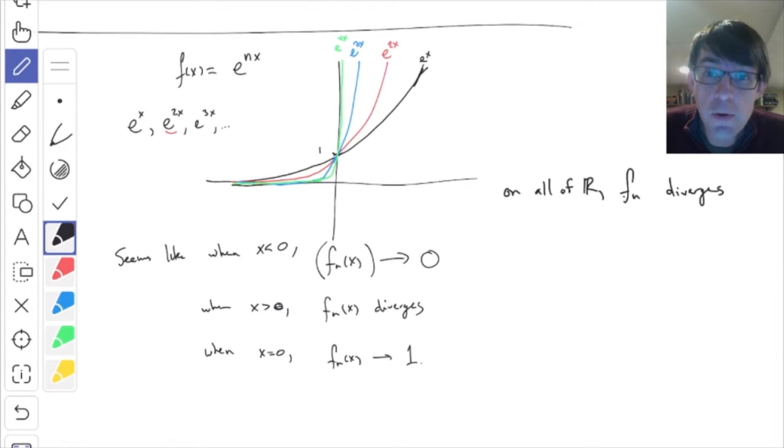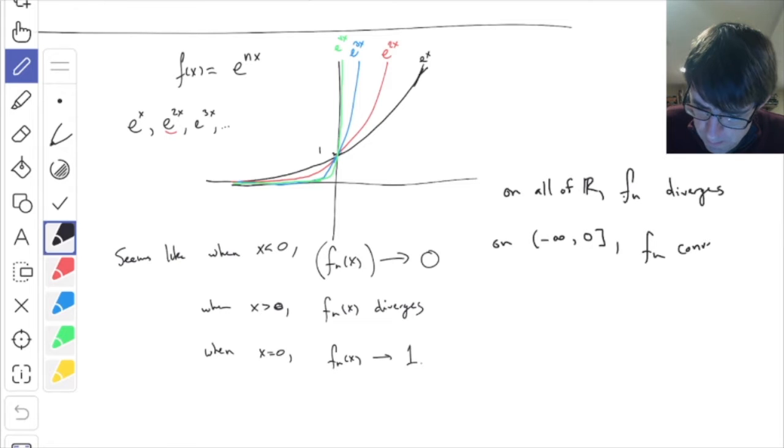But if I only consider the left end, so on this, minus infinity to 0, including 0, then it does converge. Fn converges to 0 when the values are to the left of 0, and 1 when the value equals 0. So I will write that as a piecewise thing.